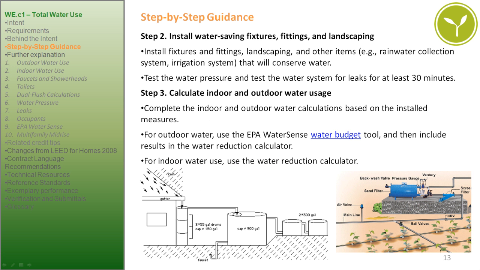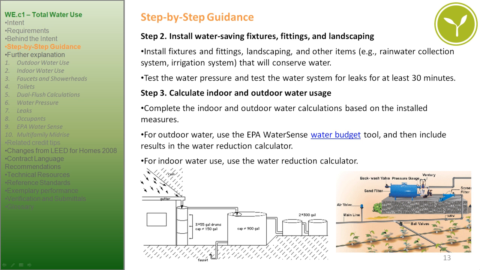Step 2. Install water-saving fixtures, fittings, and landscaping. Install fixtures and fittings, landscaping, and other items, for example, rainwater collection system or irrigation system, that will conserve water. Test the water pressure and test the water system for leaks for at least 30 minutes. Step 3.